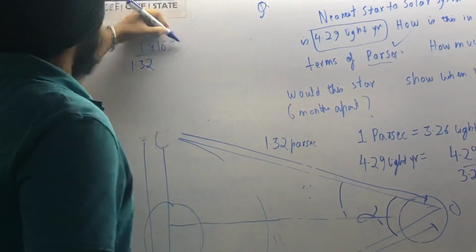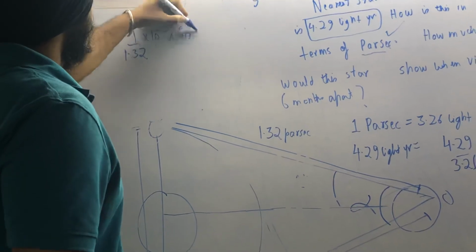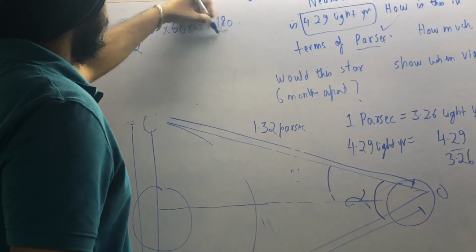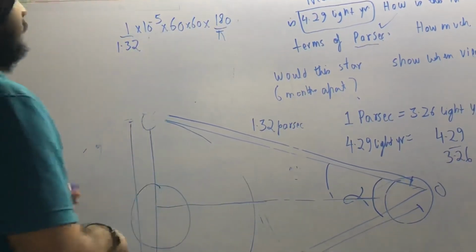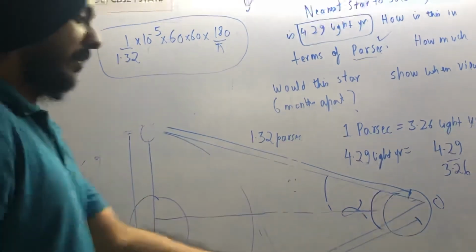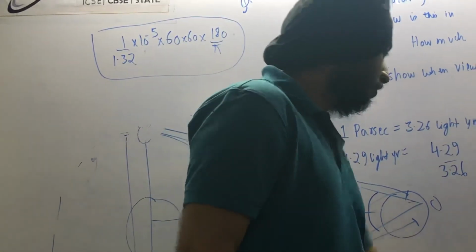Now note that this angle you get is in the form of radian. If they have asked you to convert it to second, since this angle is very small, what will you do? 1 upon 1.32 into 10 raised to the power minus 5, into 60 into 60 into 180 upon pi. This is what you will do to find the angle in seconds. You can leave it in radian also; this is also the correct answer.